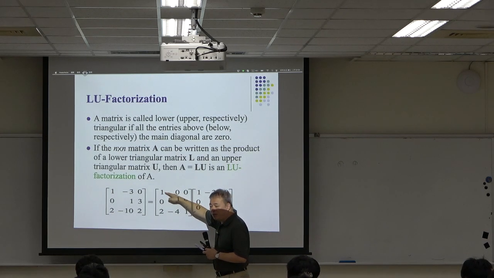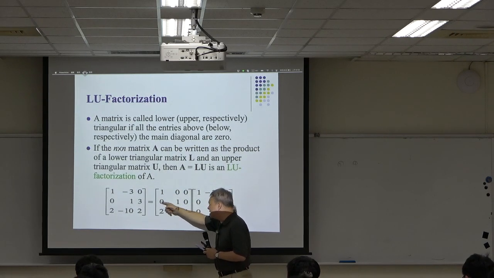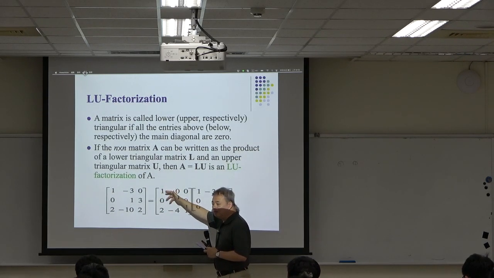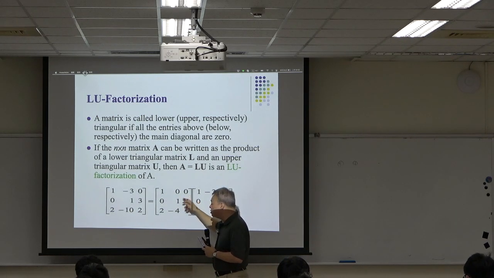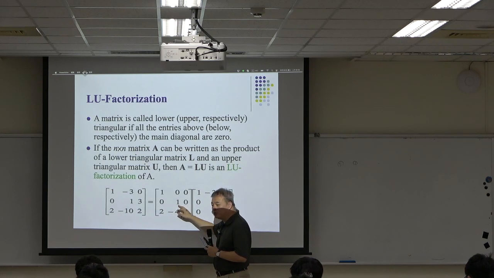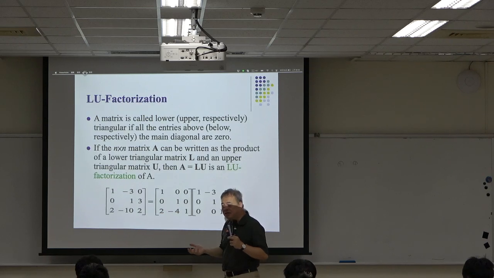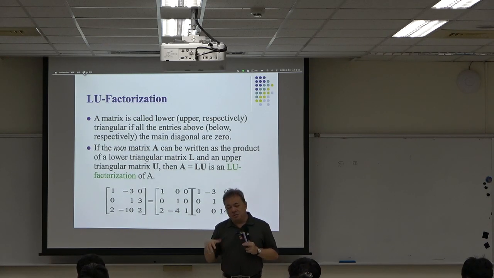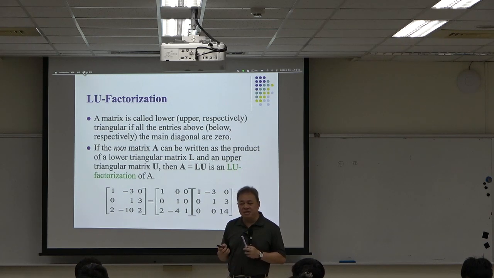So you know what is x1, and then if this is non-zero, you put whatever x1 you have from the first row, and you can solve this for x2, right? And if you know x1, x2, you can do x3 easily, right? So solving a lower triangle is very easy, okay?